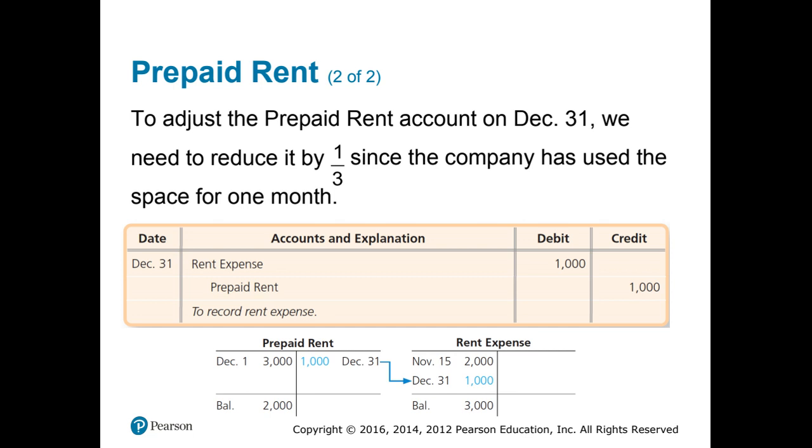We're going to take the $1,000 that we're now expensing and put it in our rent expense account. So now our total rent expense is $3,000. So there's always at least 2 accounts that are affected by a transaction.